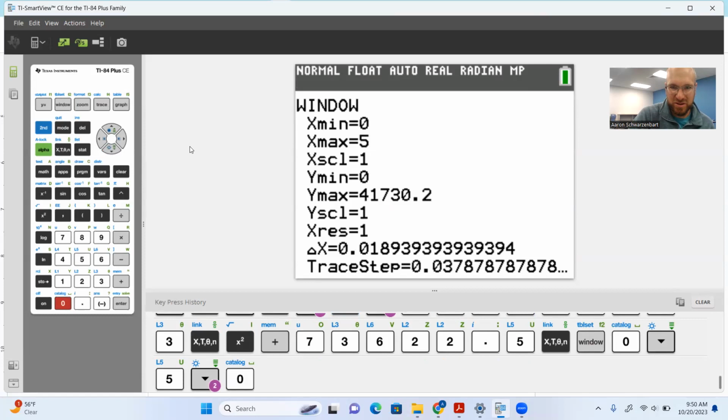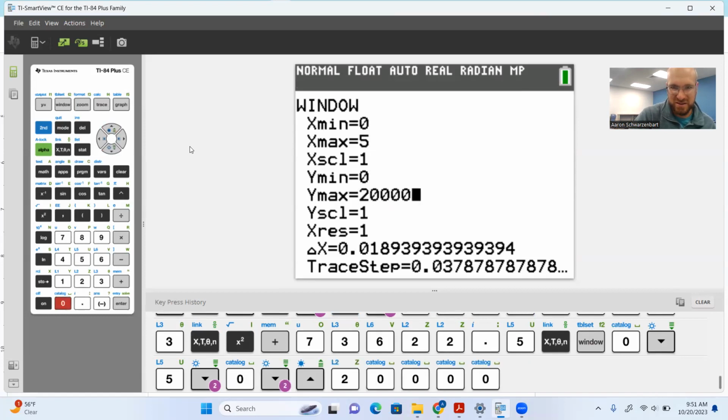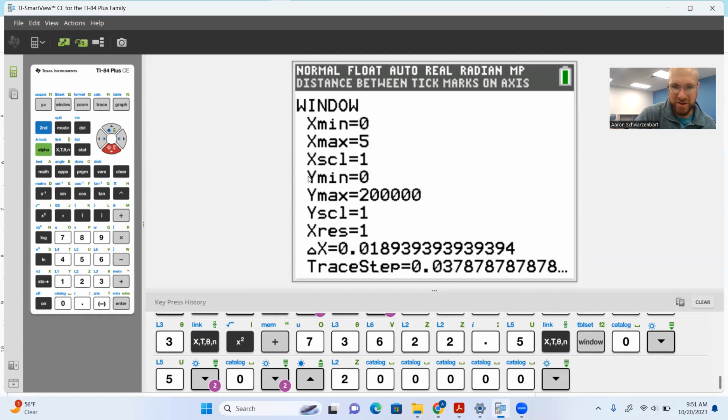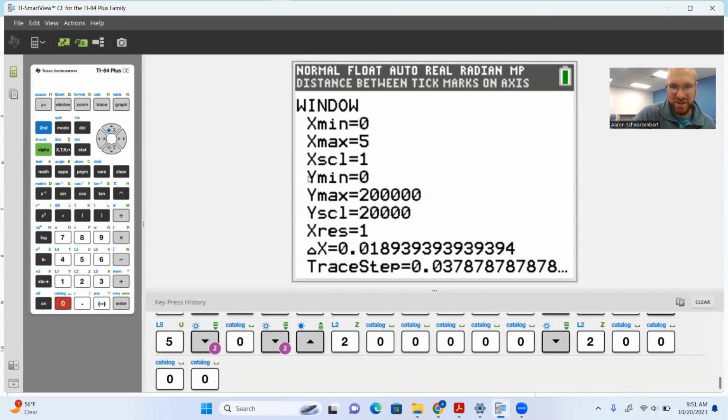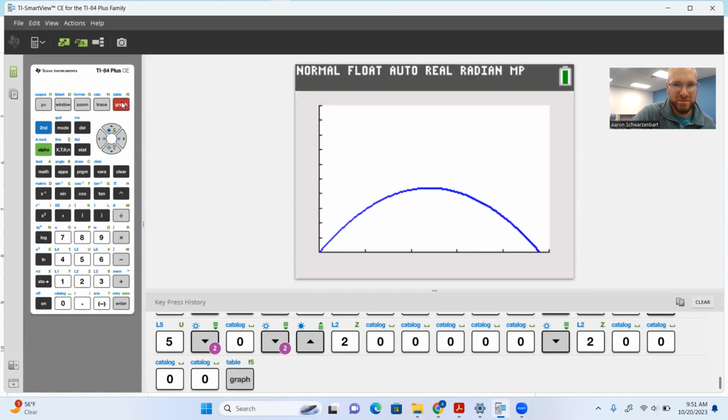My y max, since I multiplied it by x, I think I need to go higher than this 41,000. I'm going to go like 200,000. This is kind of a guess. Y scale, I do not want to be 1. Usually I do something that's like 1 power of 10 less. Let's see what that looks like.